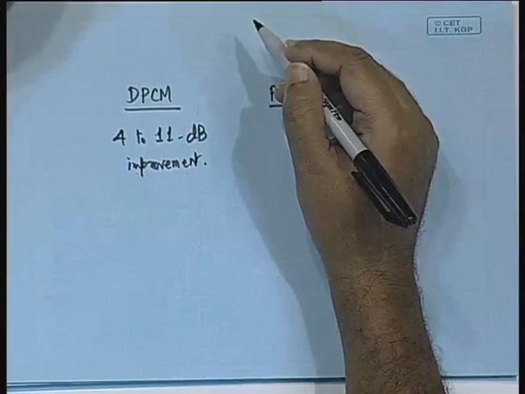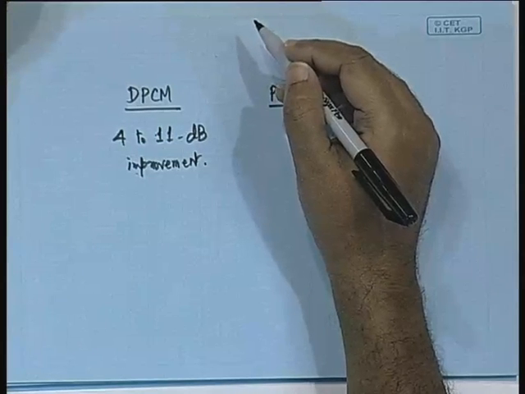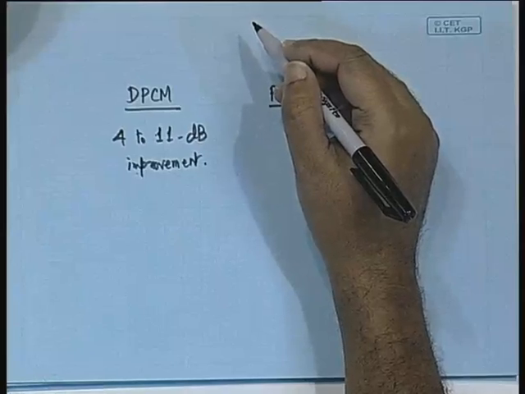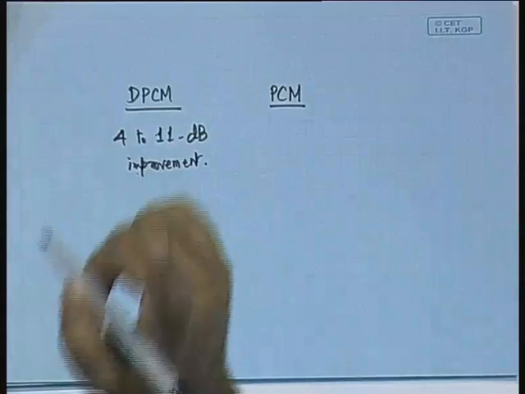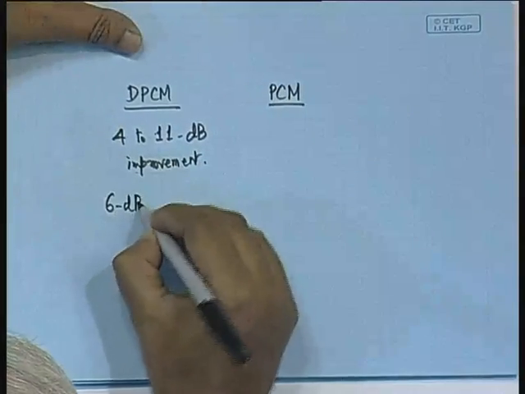So with the same number of bits, mind you, and then if you are allocating more bits to the DPCM, then with every bit increase in the DPCM, that will follow the same rule which we had followed for the case of PCM. In PCM also we had seen that for uniform quantization, for every bit allocation the signal to noise ratio increases by 6 dB, and even here for a uniform quantization DPCM we are going to have 6 dB SNR improvement.